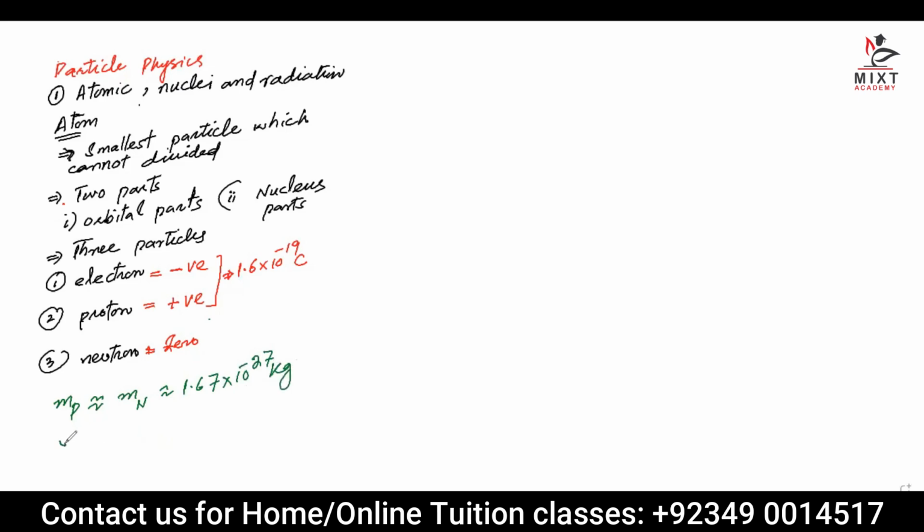But the mass of electron is approximately 1 over 1836 times the mass of proton, much smaller than proton. So the mass of electron is approximately 9.11 into 10 raised to power minus 31 kg.